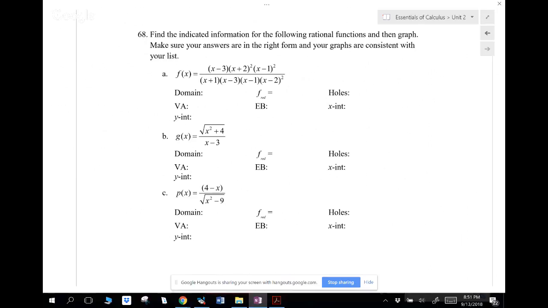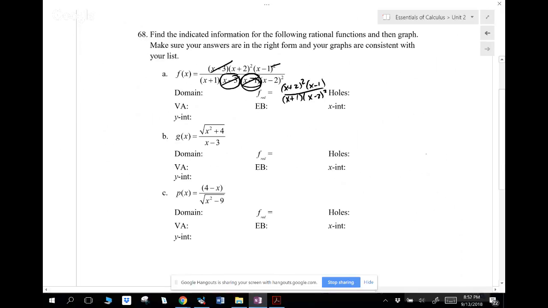So the first thing you should always do is simplify if you can. So we can simplify here and here, here and there. And since we totally eliminated this part and this part, when we simplify, our function reduced is going to be x plus 2 squared times x minus 1 over x plus 1 times x minus 2 squared.